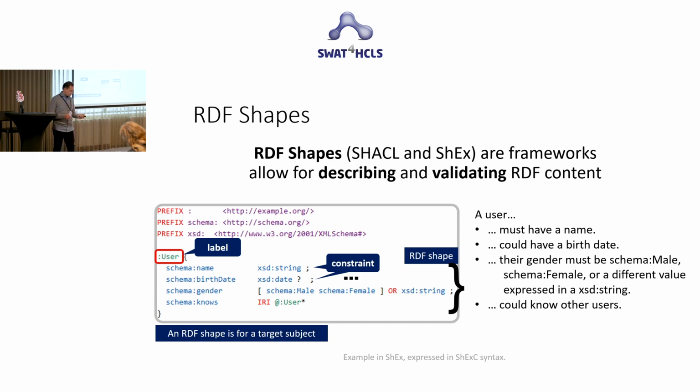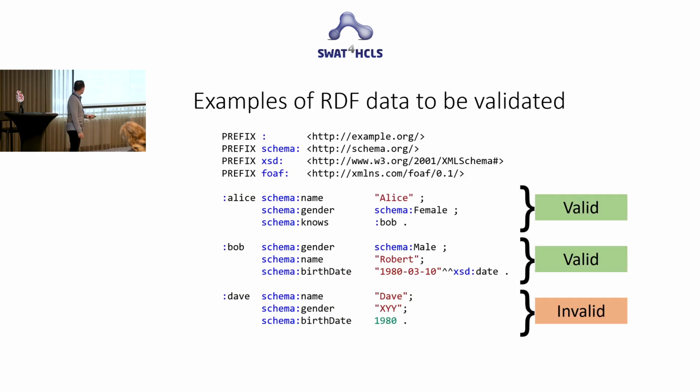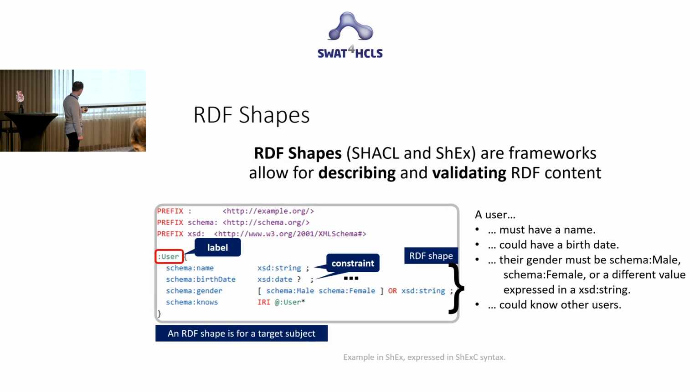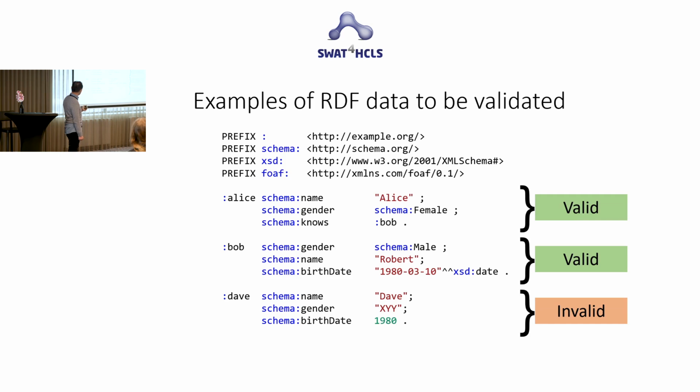So this is a reference to other shapes. Okay, this is an example here. If we apply the shape to this RDF dataset, what is the result of the validation? For these three subjects, the shape can be applied to each subject. This one is valid, and this one is also valid.